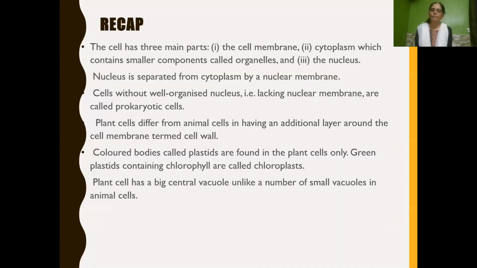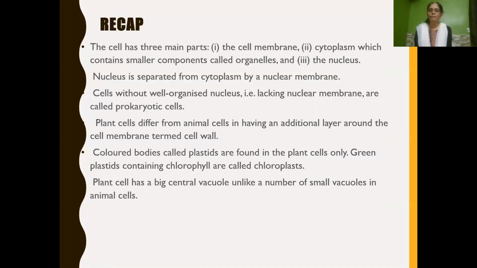A cell without a well organized nucleus, that is lacking a nuclear membrane, is called a prokaryotic cell. Example, bacteria and blue-green algae. And the cell which contains a well-defined nucleus, that is which has a nuclear membrane, is called a eukaryotic cell. Other than bacteria and blue-green algae, all other organisms are eukaryotic.